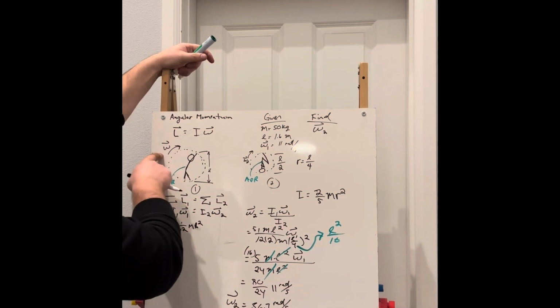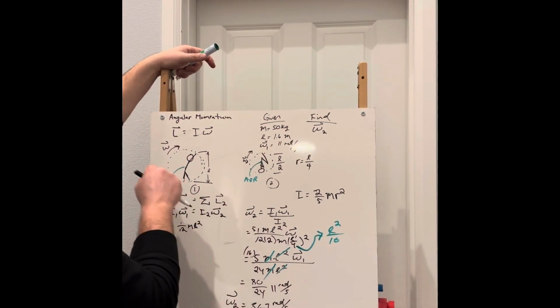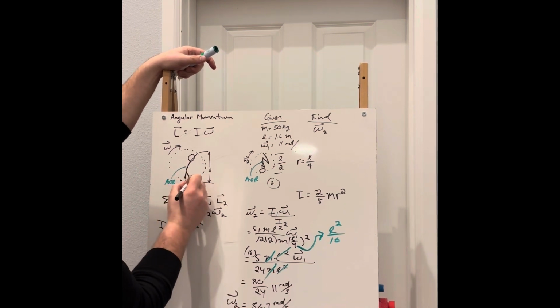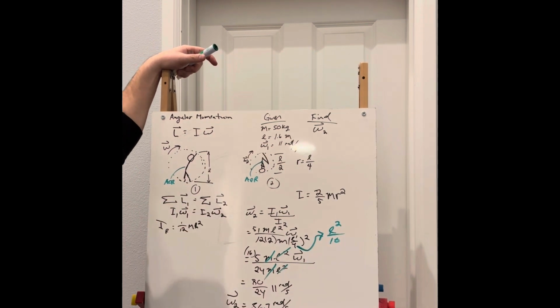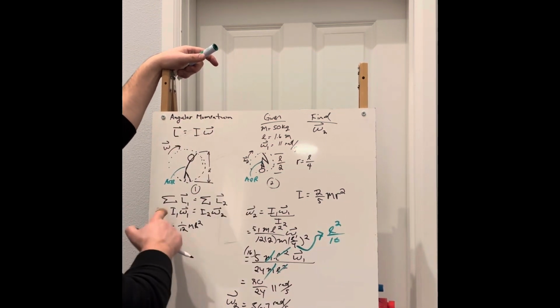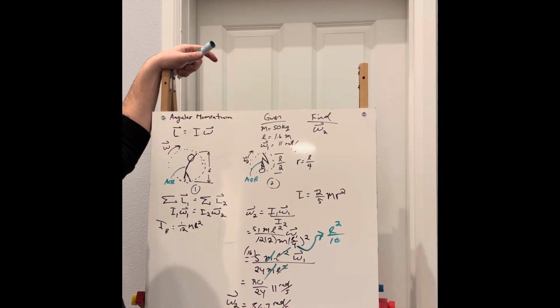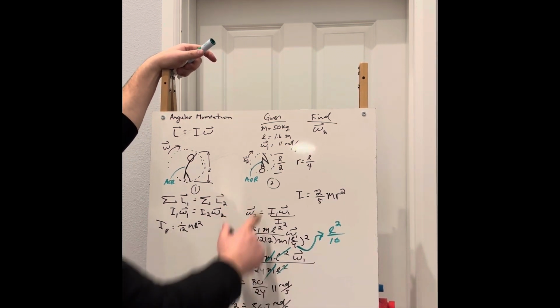And obviously the angular velocity that we're using is the instantaneous velocity right before their feet leave the ground. That's how we're able to use the conservation of angular momentum to find our angular velocity at position 2. Thank you.